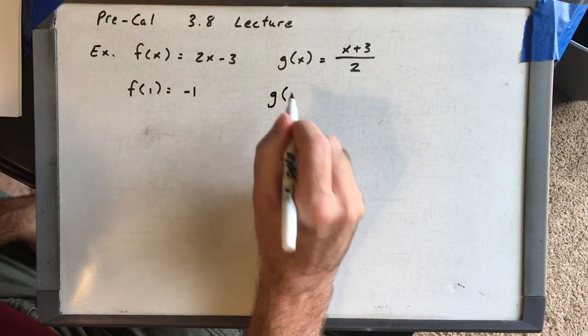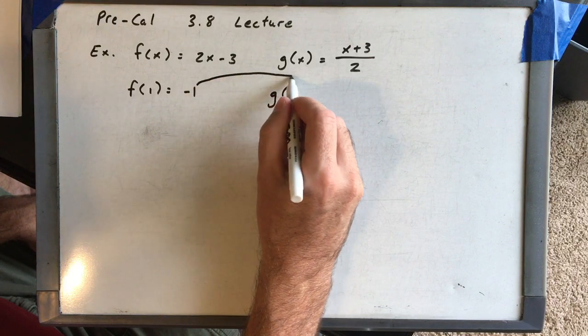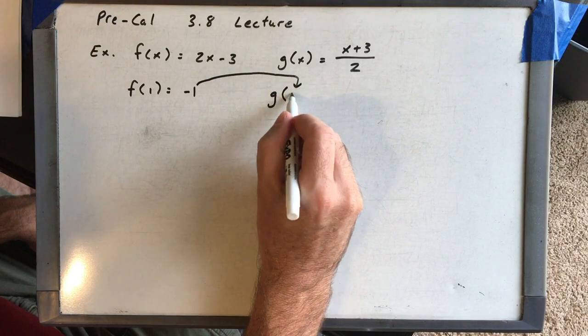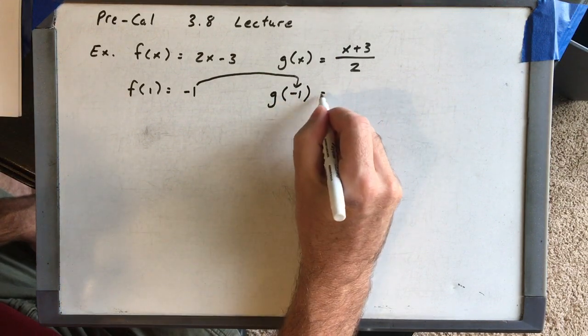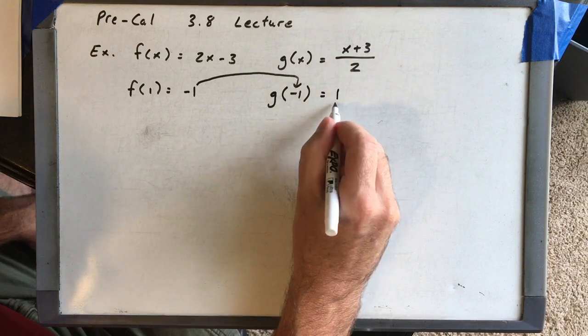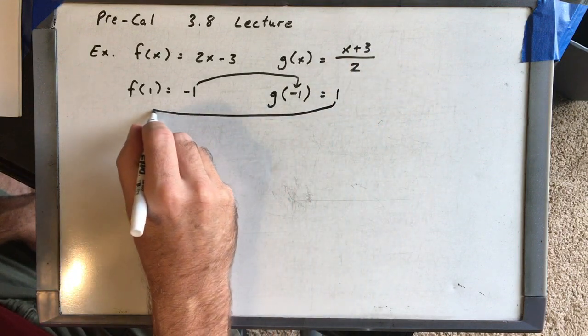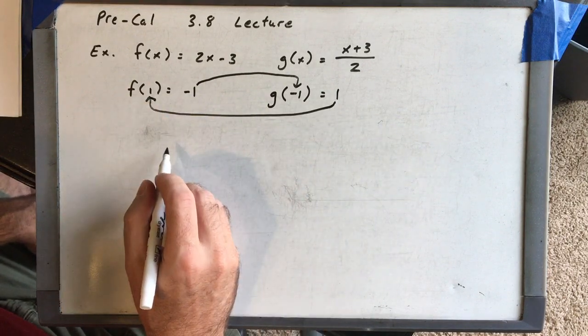If these functions are inverses, which they are, if you plug the output negative 1 into g of x, then that'd be negative 1 plus 3, which is 2 over 2, that's 1. And see how the output of g of x matches the input of f of x. So that's what happens with inverses.